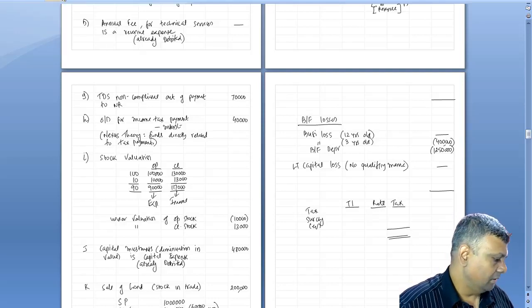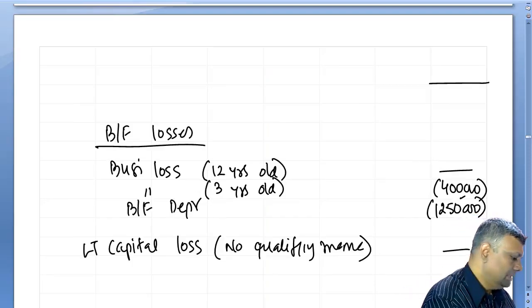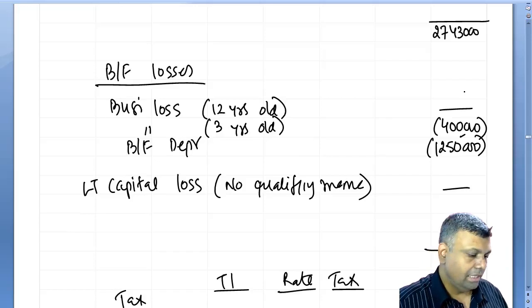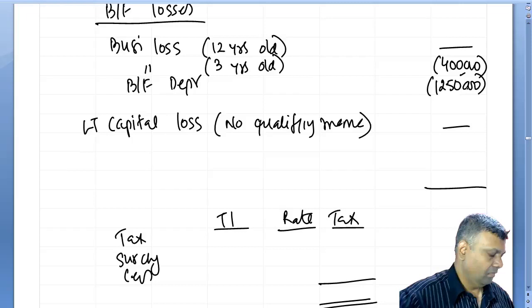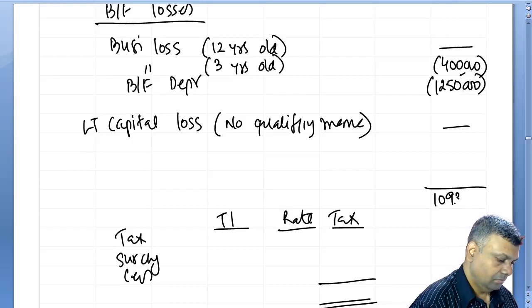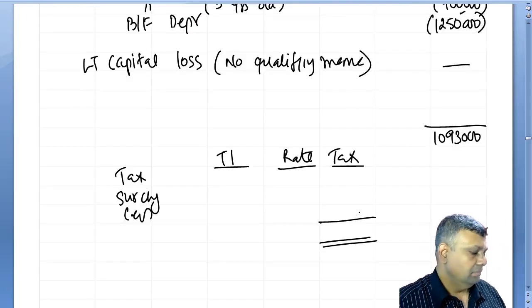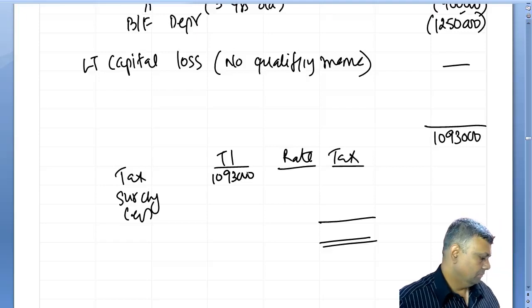So this is my 27 lakhs 43,000, minus 10 lakhs 93,000. So my total income is 10 lakhs 93,000.